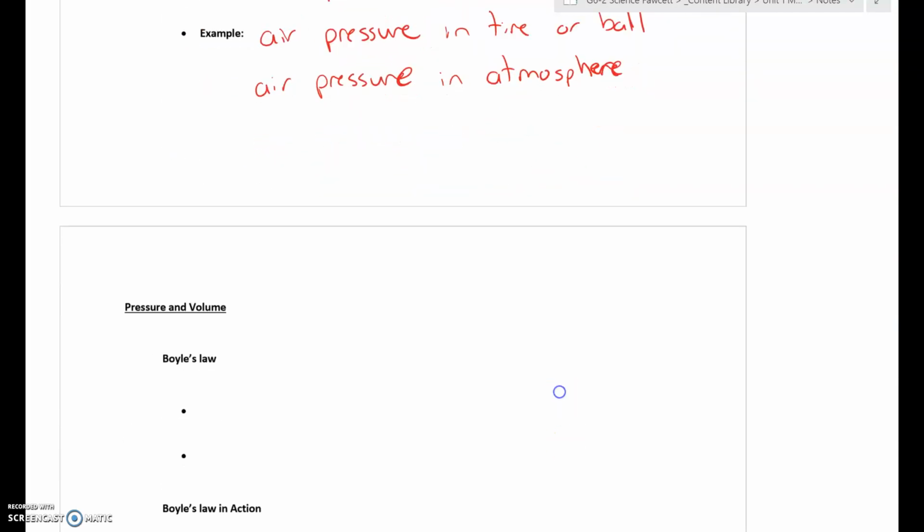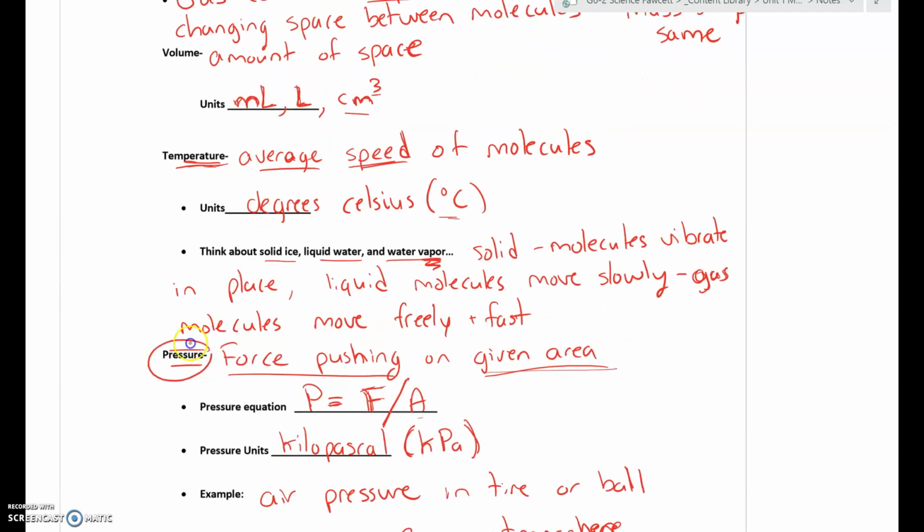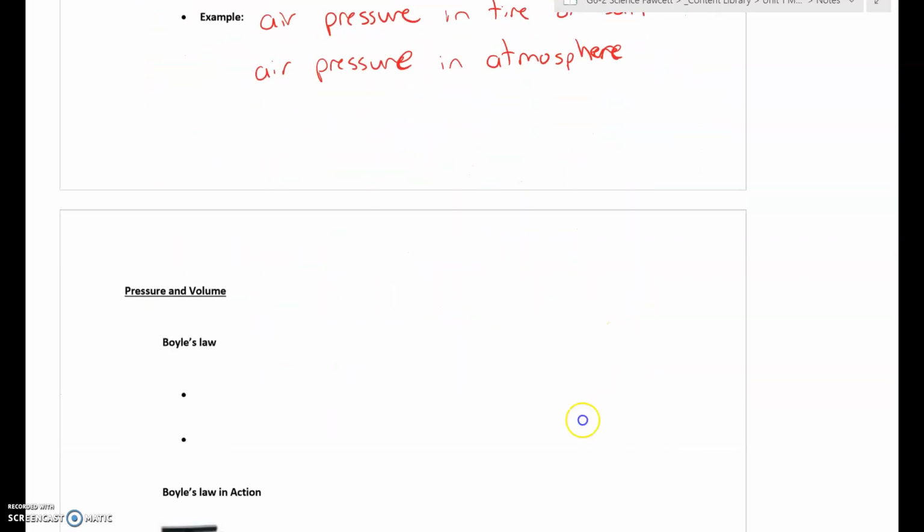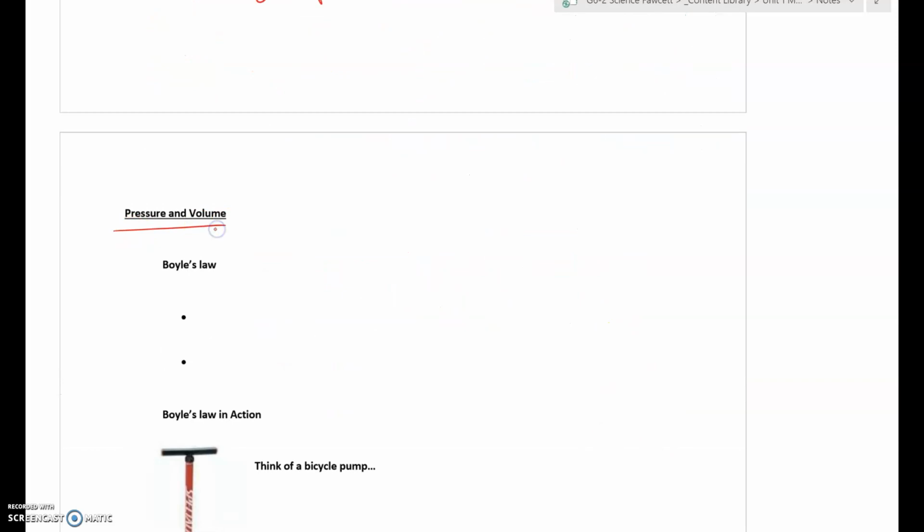So now we can learn how these three different things, pressure, temperature, and volume, are related to each other in gases, because all of them influence each other in different ways. Our first relationship is the relationship between pressure and volume, and this is described by Boyle's law.